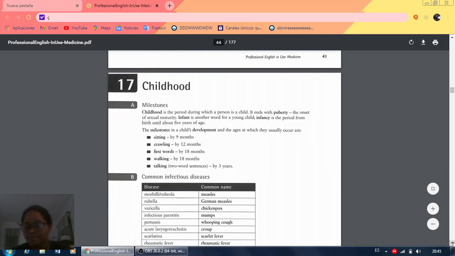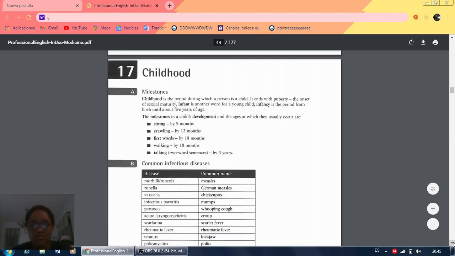Childhood. Milestones. Childhood is the period during which a person achieves puberty and the onset of sexual maturity. Infant is another word for a child in the period from birth to about 5 years of age.